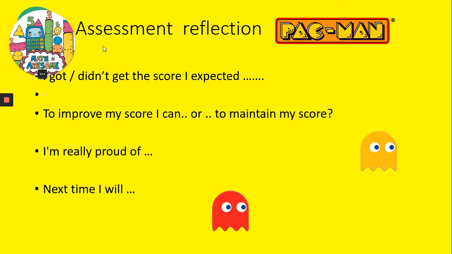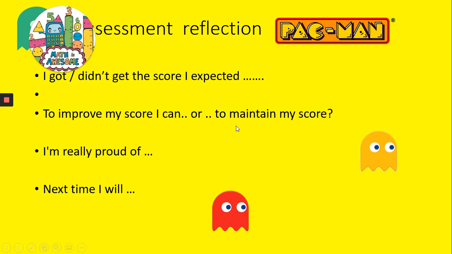After that, I want you to reflect further on your assessment. So you either got or didn't get the score that you expected. These are your sentence starters. Complete the sentences. To improve my score, I can, or to maintain my score. I'm really proud of, some of you got really good scores. So you could be proud generally of how well you did.